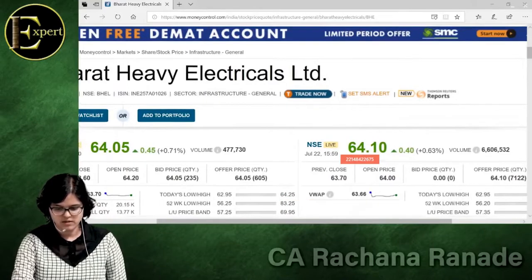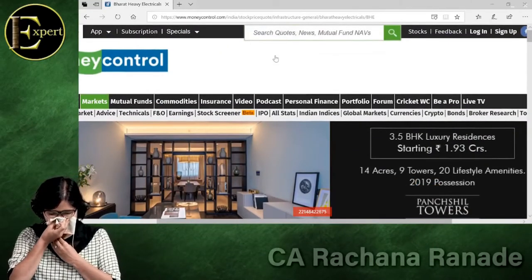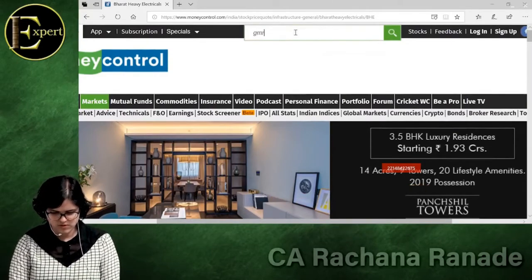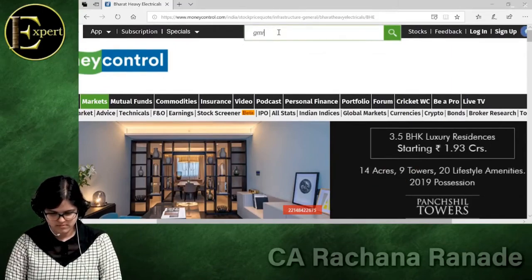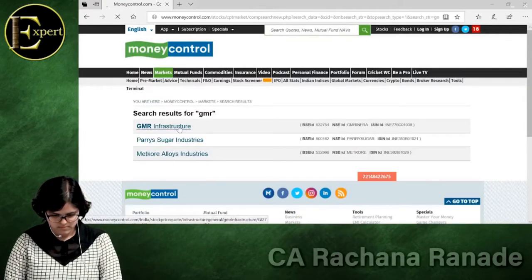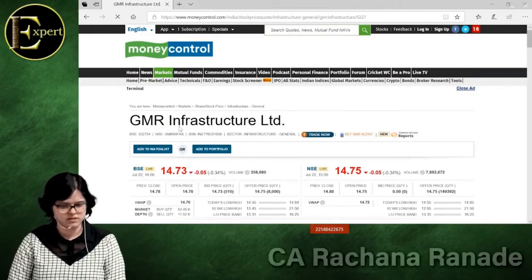Which one was that? There was one more, na? GMR. Ideally, this is also somewhere related to infrastructure. अब इंडस्ट्री भी कितना था? 29 point something ना?